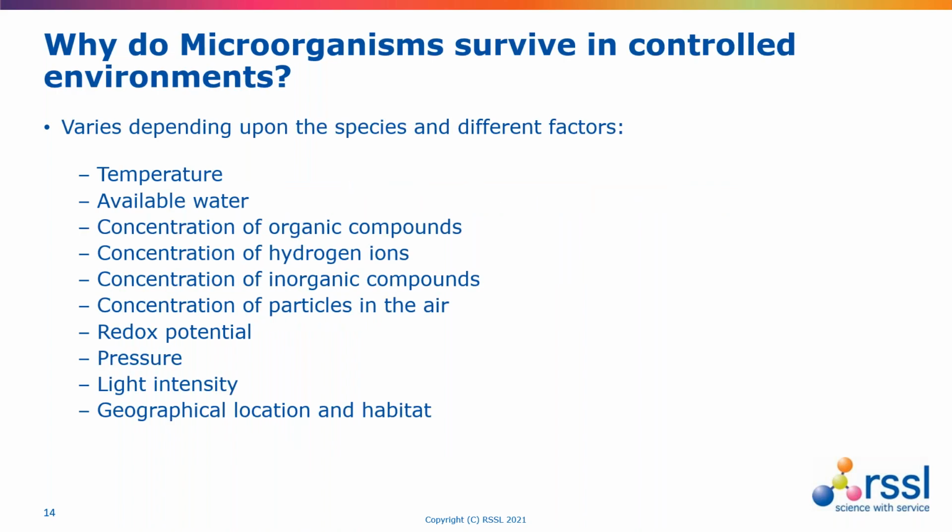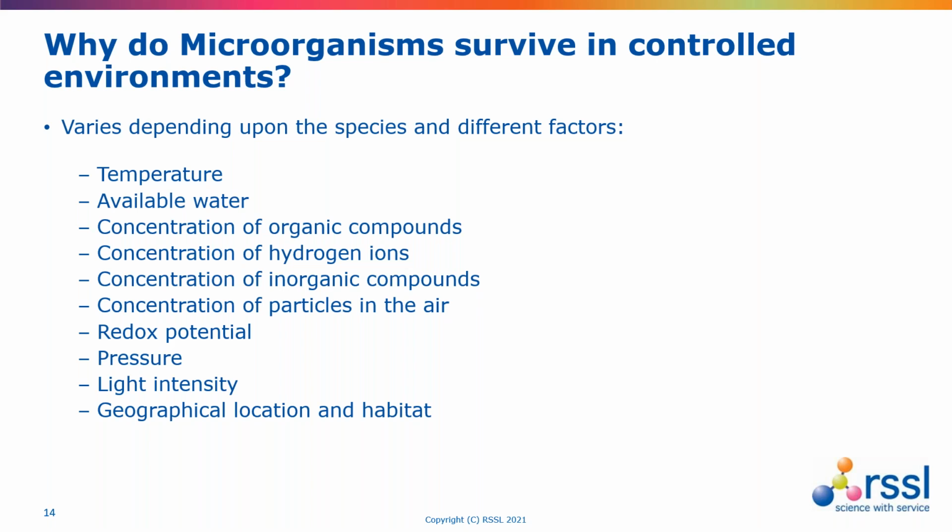But when it comes to specific clean rooms, if you're looking globally, there's going to be variations according to geography, water, and particularly water activity, the amount of organic materials that might be present, some inorganic materials, degrees of pressure, light intensity. All these kinds of factors can affect the organism.